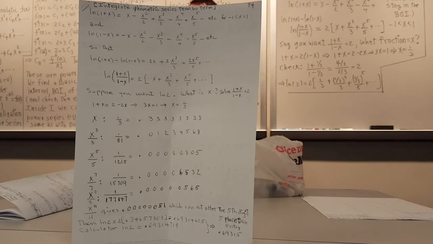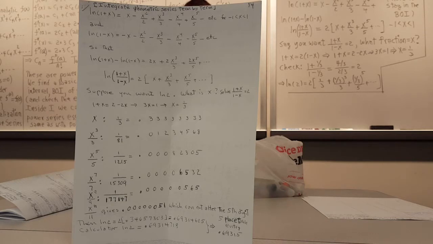Okay, so if you add all this up, that's going to give you the decimal .3465773, and then you take 2 times that and you get .69314, which is about what your calculator will say.